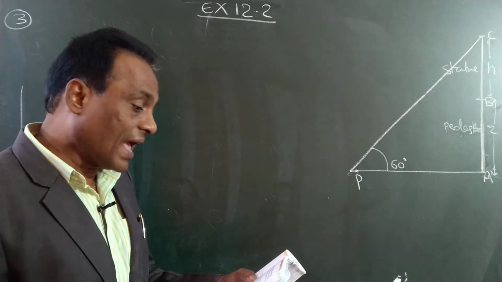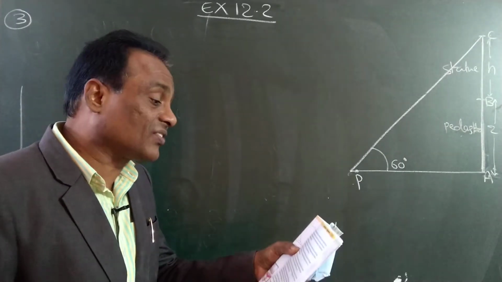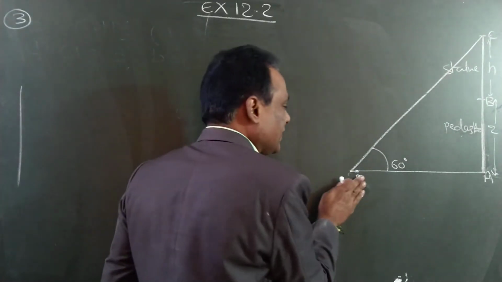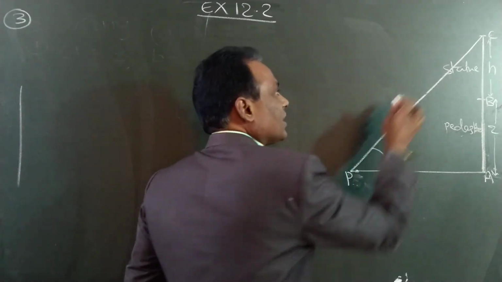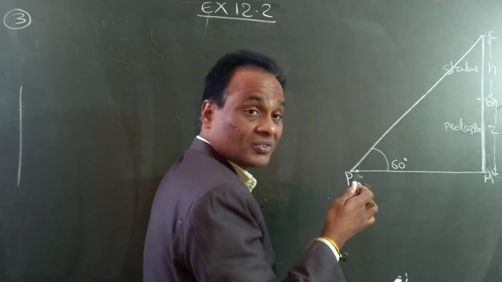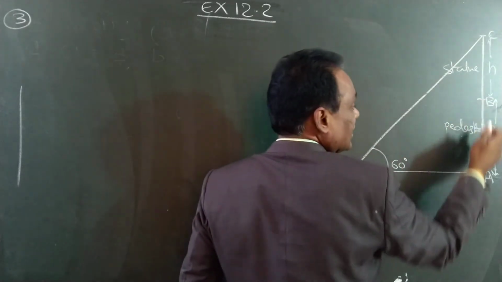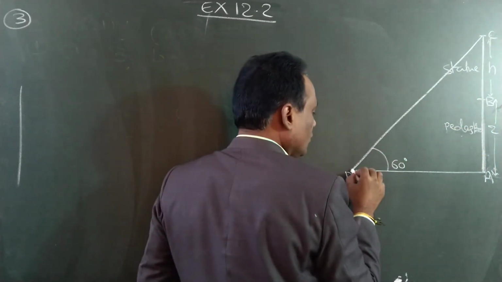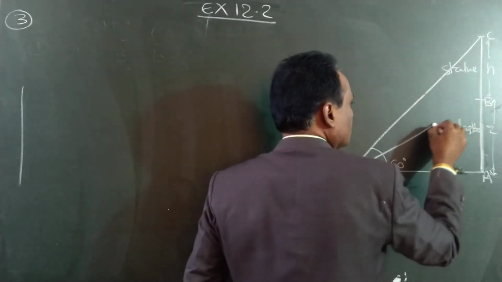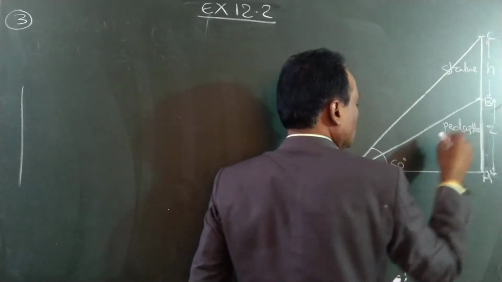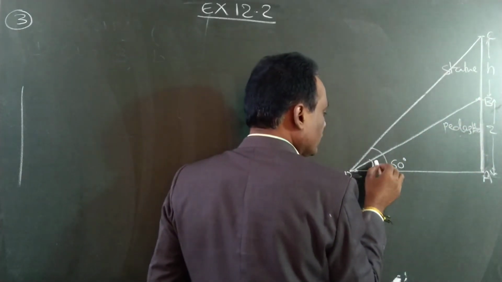Next, the angle of elevation of the top of the pedestal is 45 degrees. From this point, we observe the top of the pedestal. AB is the pedestal, no? So this point also we observe. This is 45 degrees.